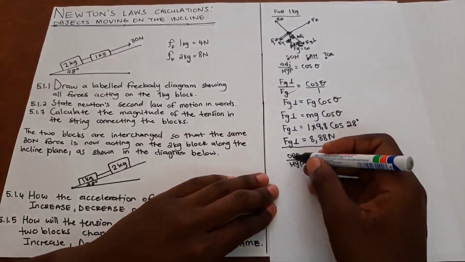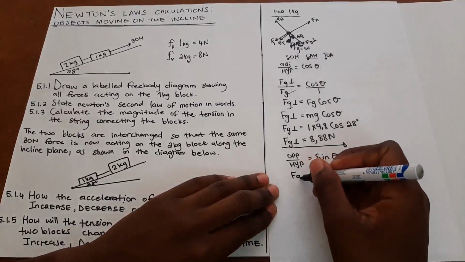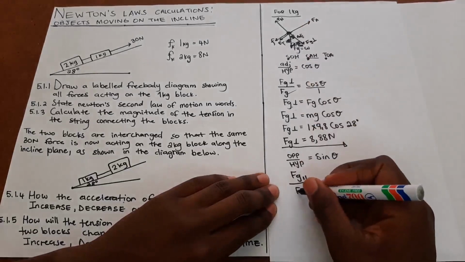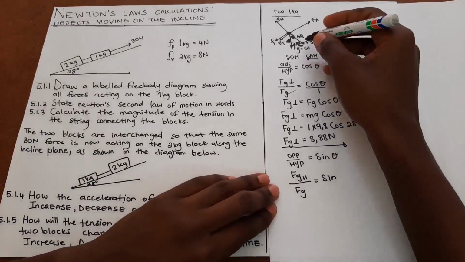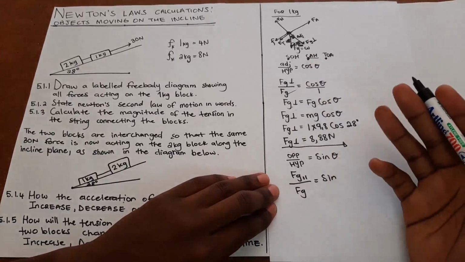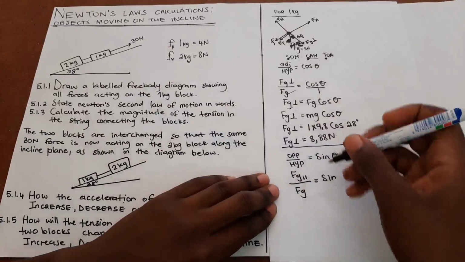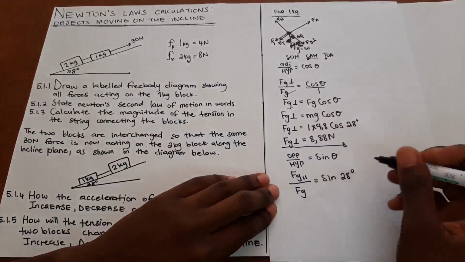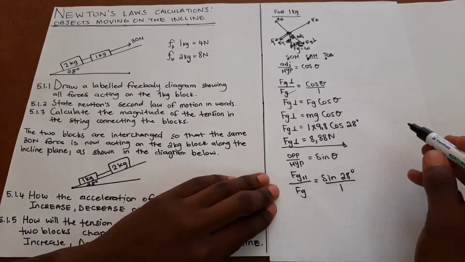What's the opposite side? It's Fg parallel, over the hypotenuse side, Fg, the gravitational force, equals sine theta. Our theta is 28 degrees, so sine 28 degrees over 1. Let's cross multiply.